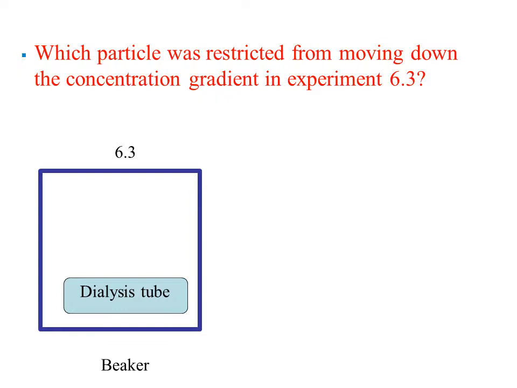When iodine was placed outside of the dialysis tube in the beaker, it diffused into the dialysis tube. If the carbohydrate diffused out of the tube, then the water in the beaker would have also turned blue-black. So therefore, the question asks which particle was restricted from moving down its concentration gradient. That would be starch. Starch did not diffuse out of the bag.